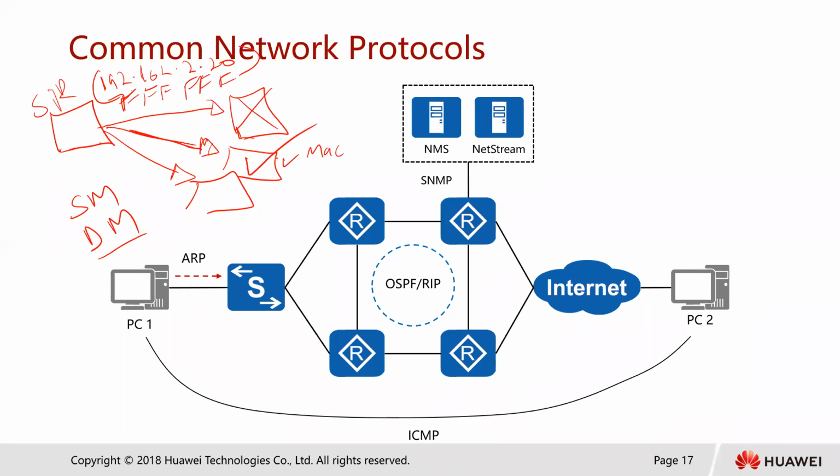It will send a unicast packet, not a broadcast to all other computers in the network. The requester will then know that whenever it wants to communicate with this computer, this is the destination MAC address for this particular IP address. So it will also update its MAC table. So that is the ARP.